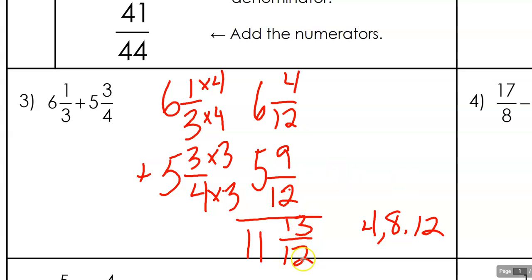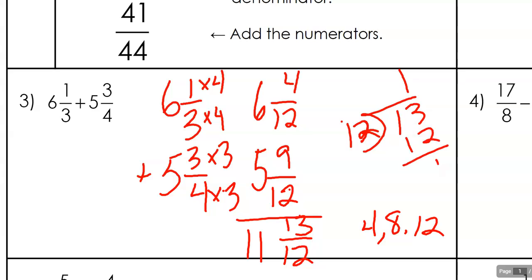13 over 12 is an improper fraction, so I am going to simplify that by dividing. 12 again, the denominator is your divisor, and your top number is your dividend. Okay, that's the number that goes inside the division symbol, the dividend. 12 goes into 13 one time with 1 remaining.